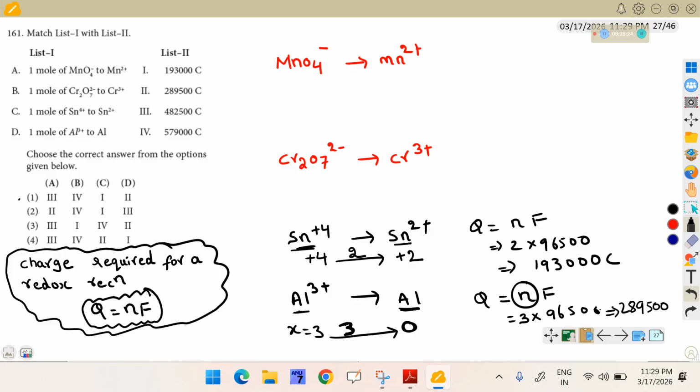So D2, A1. D2A1, only one option is there, that is the first option. The remaining you can calculate. Here the oxidation number is +7, here the oxidation number is +2. The oxidation number difference is 5, so the n factor value is also 5. 5 into 96500. Like that you can calculate.